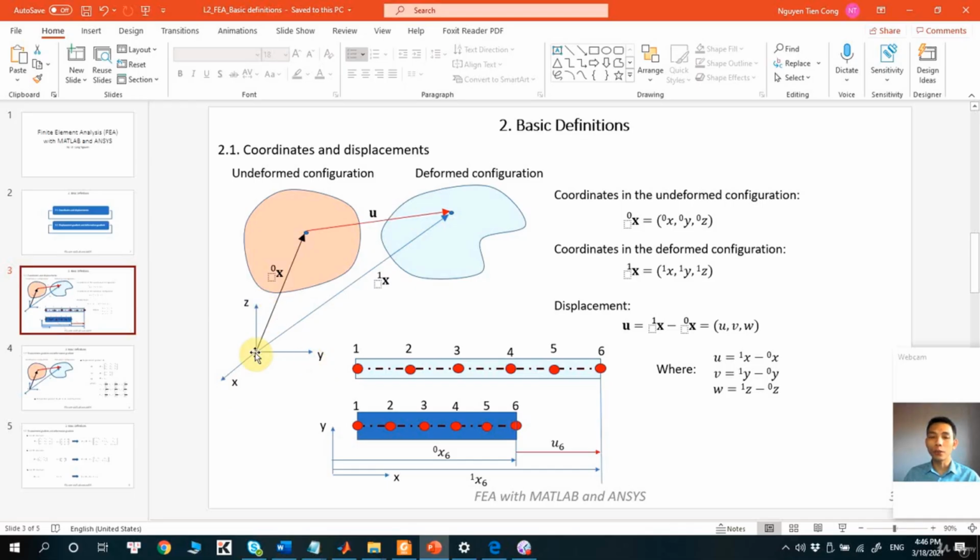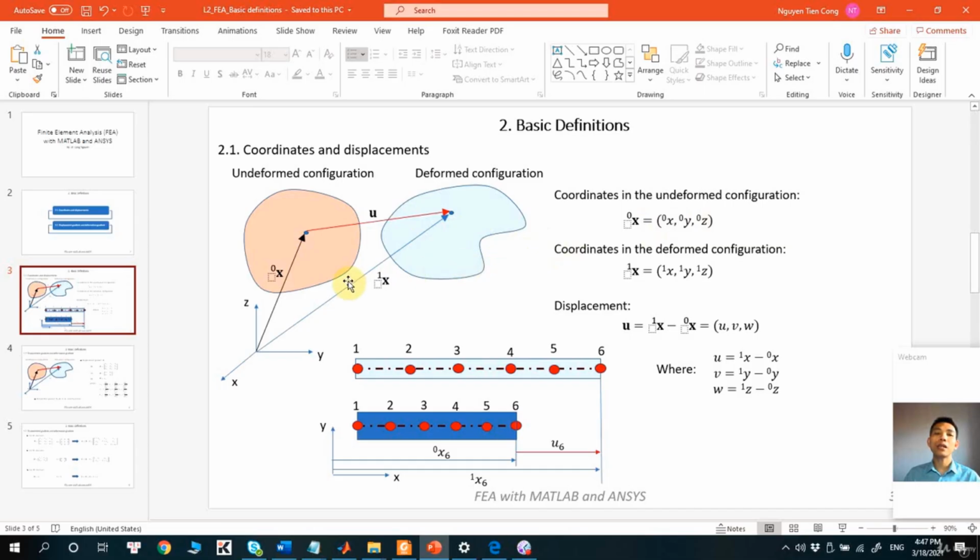So let's say we consider a material point here. The coordinate of this material point in the undeformed configuration is represented by the vector of coordinates x0, which includes three components: x0, y0, and z0.